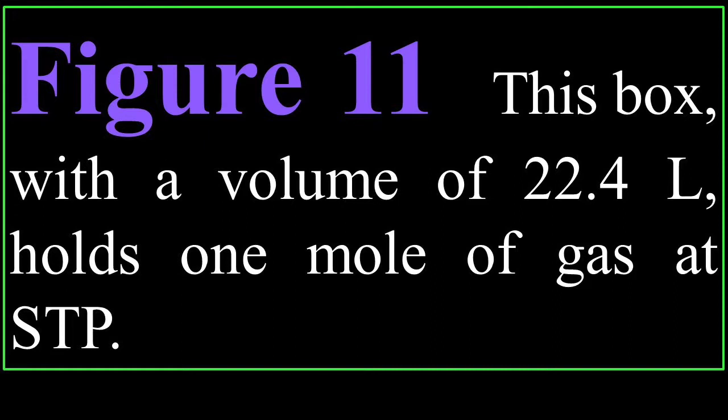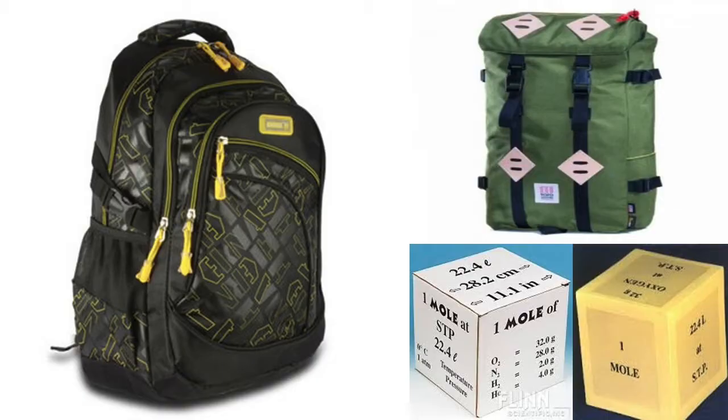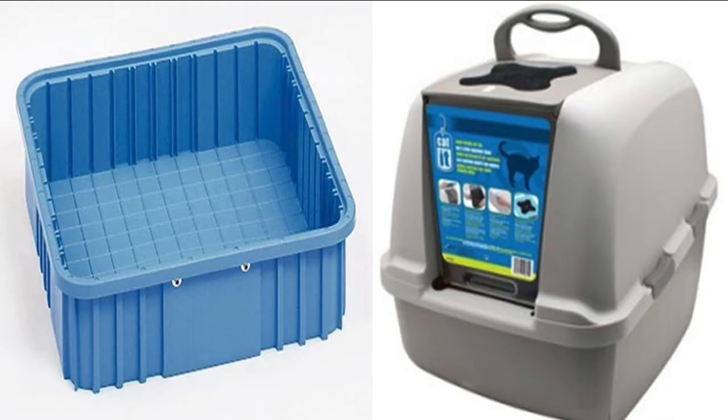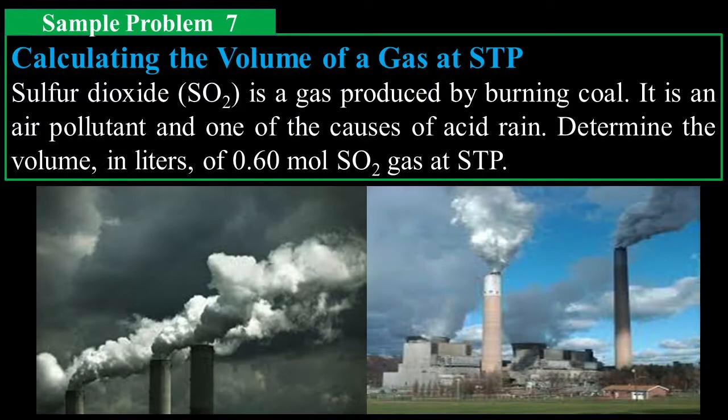That's 1 mole, 22.4 liters of gas, and that's what these containers are showing you the relative value for. These boxes in the lower right are actually bigger than they look. So the little backpack and the funky backpack, and this looks like a cat carrier and a plastic box, will hold 22.4 liters of fluid.